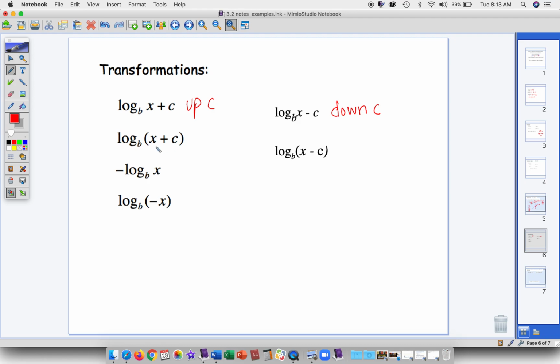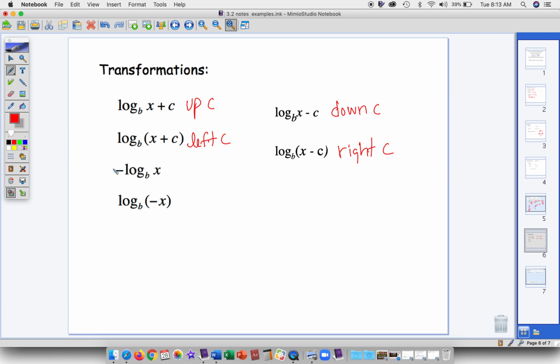With the parentheses, this is the horizontal shift, and it's always opposite of what we think. So if it's x plus c within the parentheses, this goes to the left. And if it's a minus c, it goes to the right. So again, without parentheses is up or down. With the parentheses is left or right.